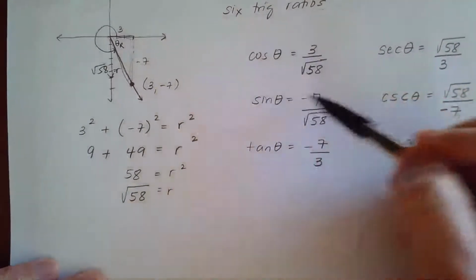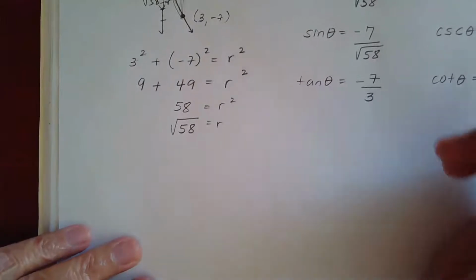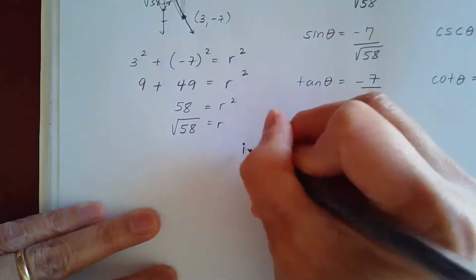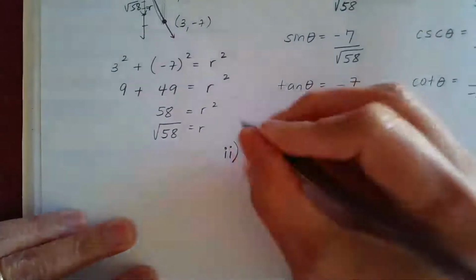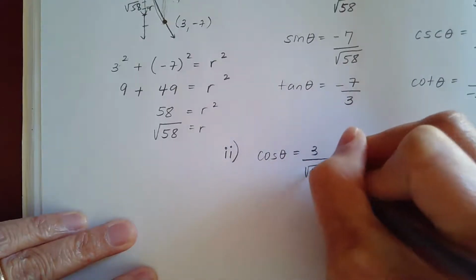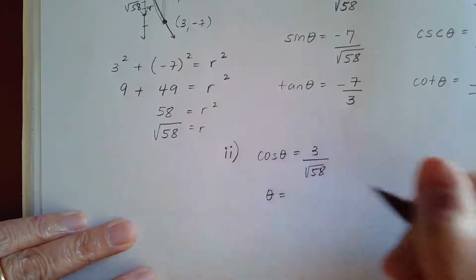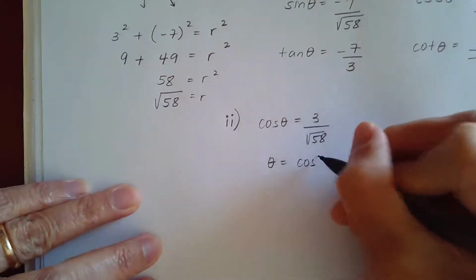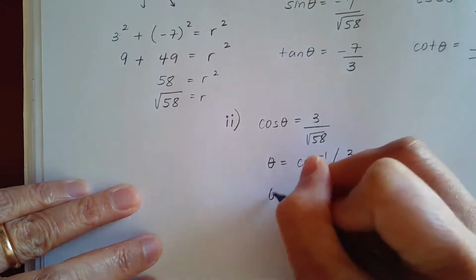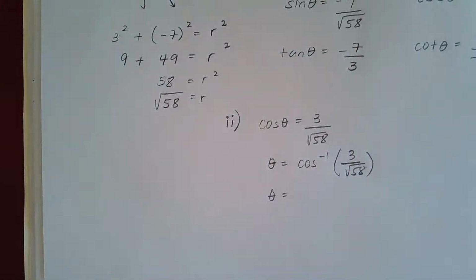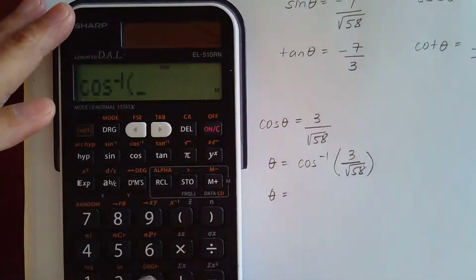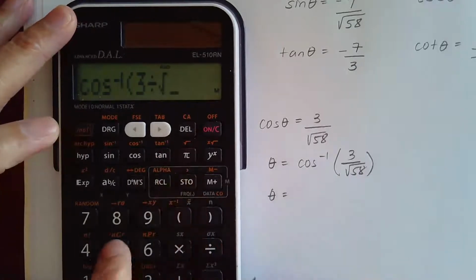So if we use cosine theta, cosine theta is equal to 3 over root of 58. Let's calculate theta: cos inverse of 3 divided by square root of 58.